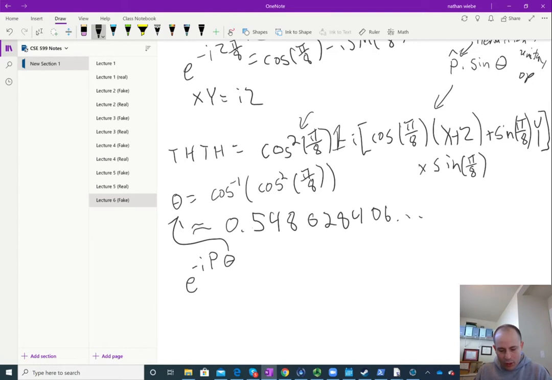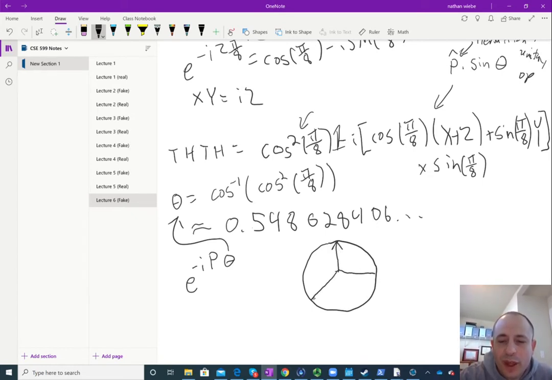Okay, cool. So now what we end up getting is a way of implementing an irrational rotation. So if we envision all quantum states as living on a sphere with 0 up here and Hadamard 0 here, 1 down there, we would end up basically doing an irrational angle rotation about this vector over here.